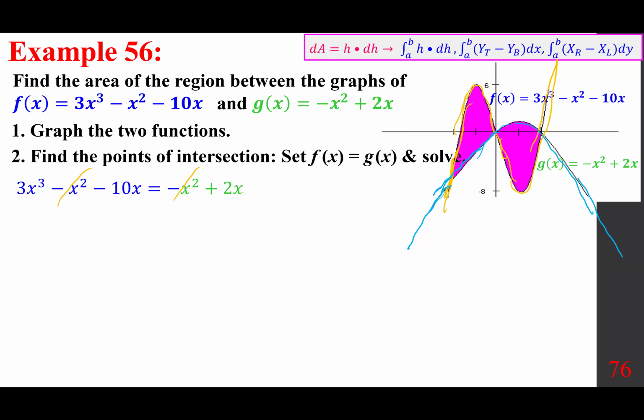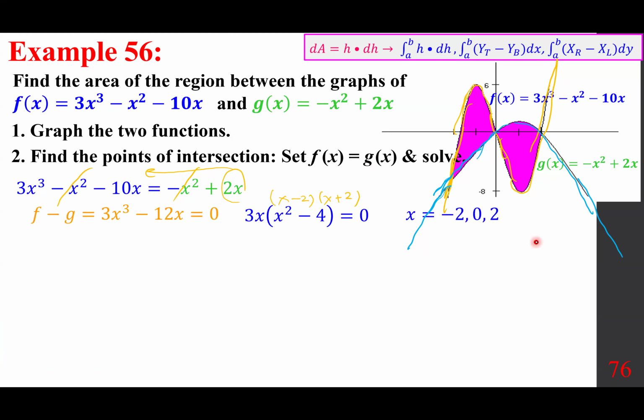If we move this, it becomes negative, and negative 10x becomes negative 12x. And we set it equal to 0 by factoring the 3x out, and this is x minus 2, x plus 2. Therefore, we have three answers. X is 0, x is 2, x is minus 2. So we have three answers, negative 2, 0, 2.